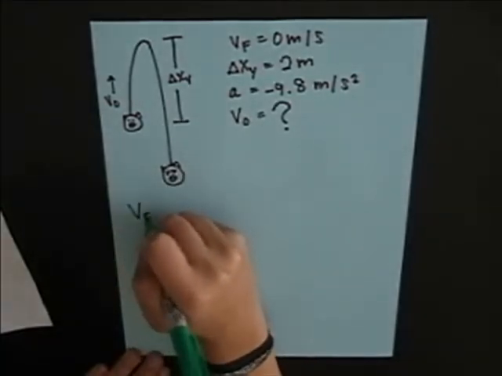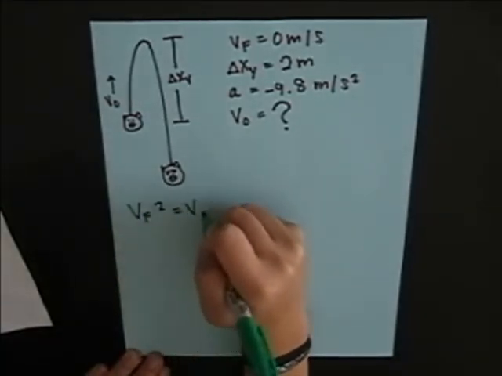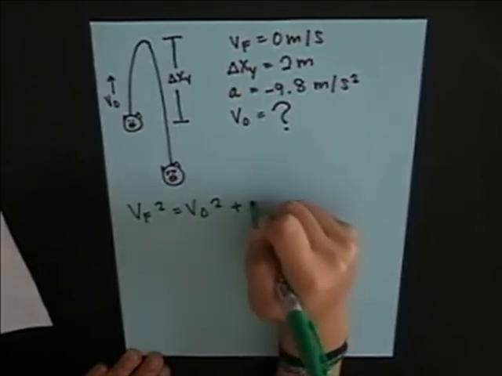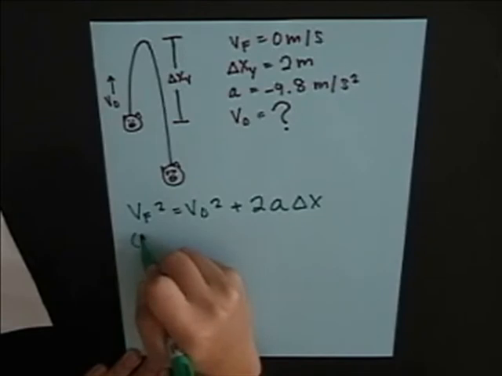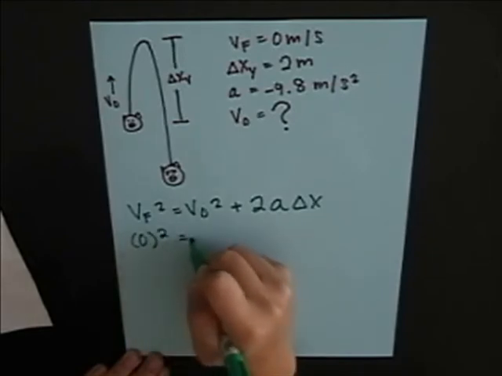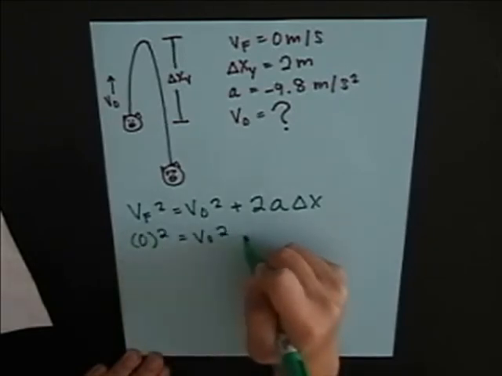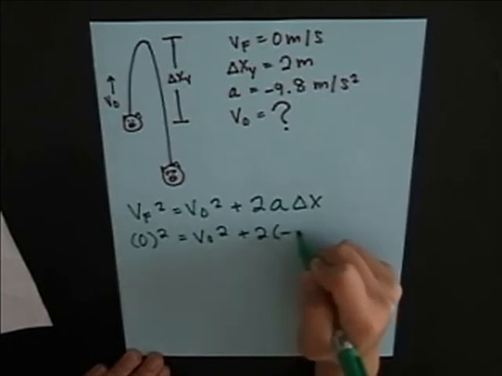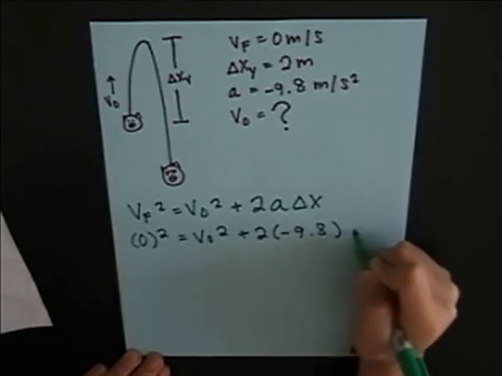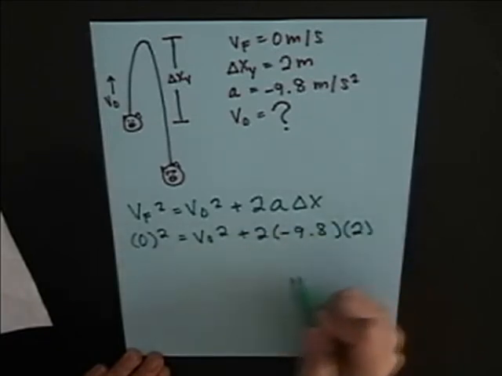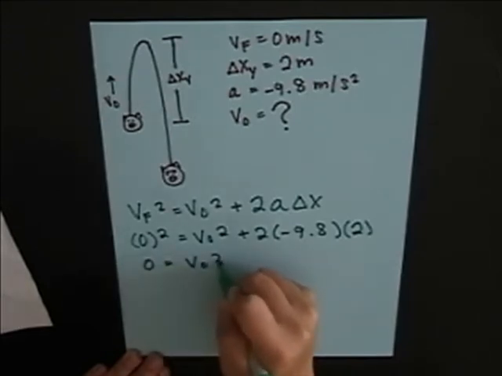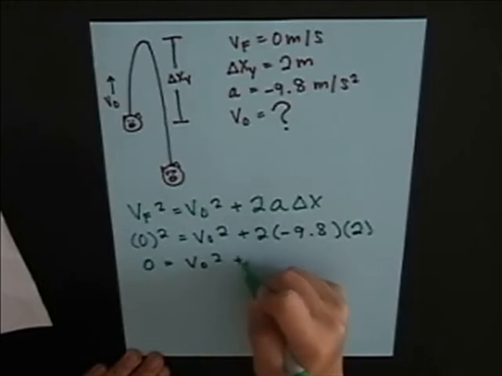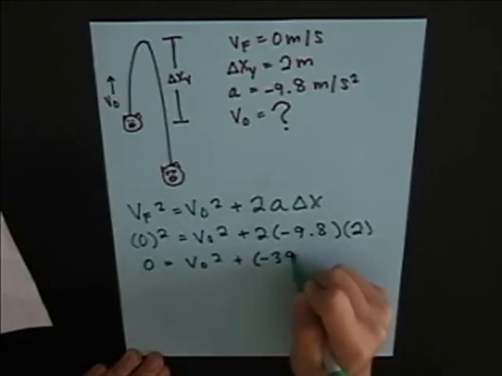Begin with the equation V final squared equals V initial squared plus 2 times acceleration times delta x. Plug in your knowns so that 0 squared equals V initial squared plus 2 times negative 9.8 times 2. Simplify the equation and get 0 is equal to V initial squared plus negative 39.2.